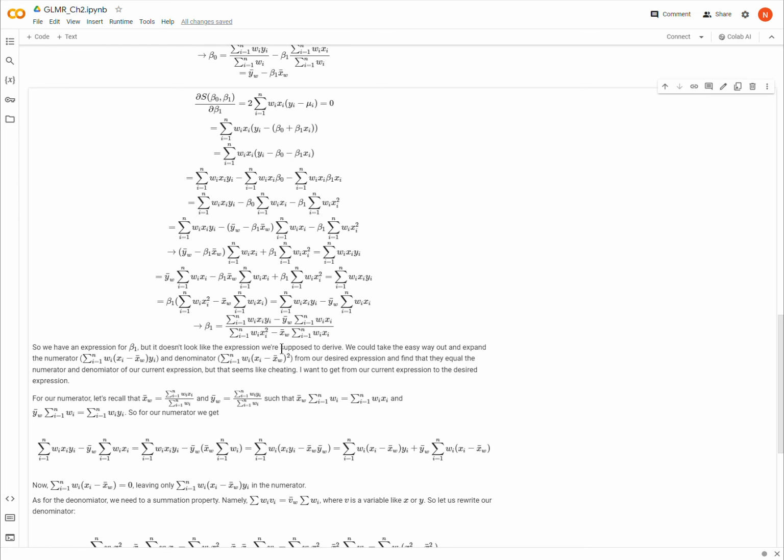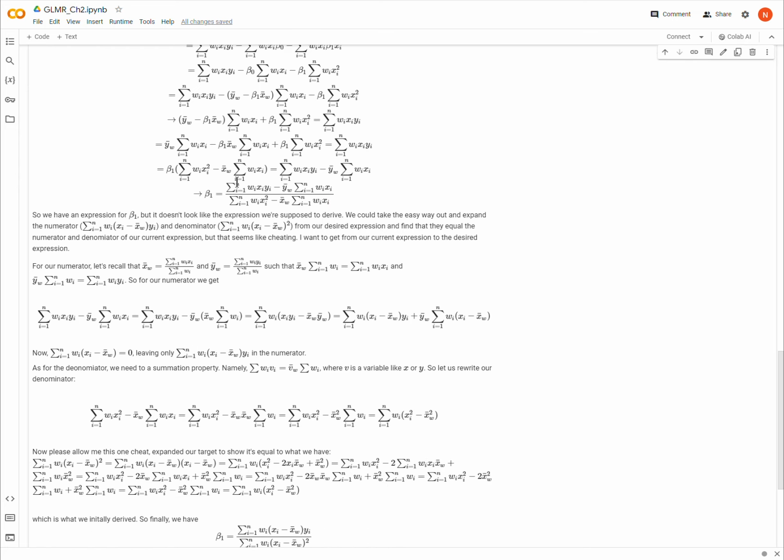Great. So we have an expression for beta 1. However, this expression for beta 1 does not look very much like what we're actually trying to find, right? So the numerator for the expression that we're trying to find looks like this, but we have this. Those look pretty far apart. And the denominator that we're trying to find should be this, but we have this.